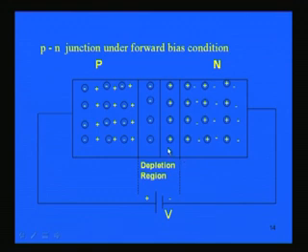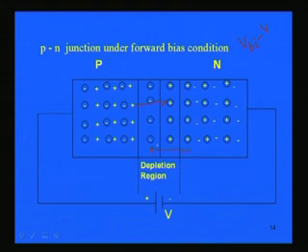So, the built-in potential VBI is reduced by this amount V. More and more holes will easily cross over to the N side, because they are offered a smaller potential barrier, reduced by this voltage. More and more electrons will cross over to the P side.